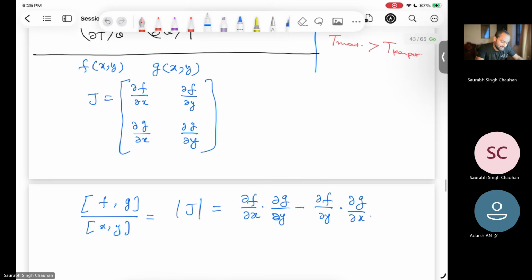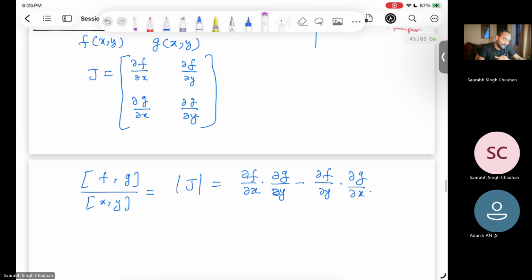The Jacobian matrix J is defined like this particular matrix. In the matrix we have written the partial derivative of f with respect to x, then the partial derivative of f with respect to y, then the partial derivative of g with respect to x, then the partial derivative of g with respect to y. So this is the Jacobian matrix, and we define the Jacobian of f and g with respect to x and y as the determinant of this Jacobian matrix.